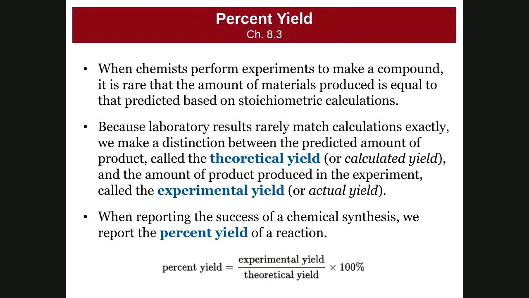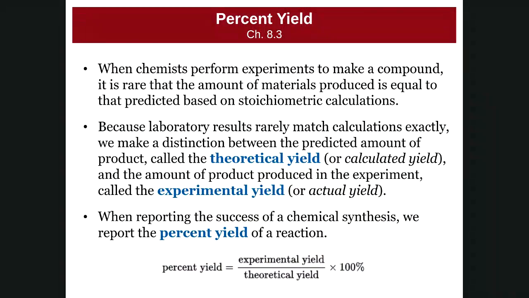So if you end up with a white solid and the mass of that white solid includes both sodium chloride and potassium chloride, for example, your yield is going to be higher than 100% because your mixture is a greater mass than just the mass of the one product. You could also have more than 100% if your product is not fully dry and you take the mass and that mass includes some water that is still in your solid.